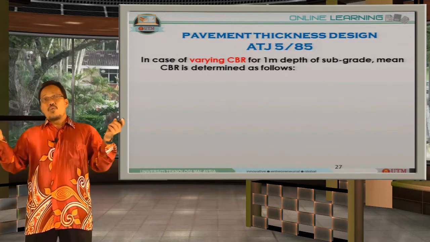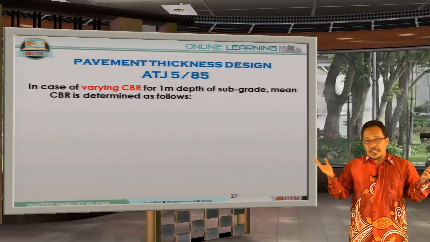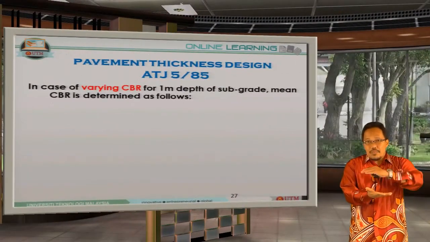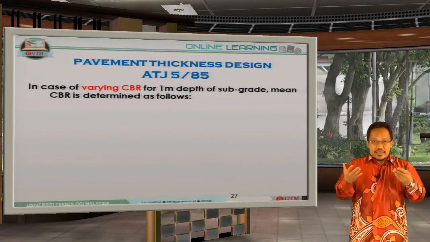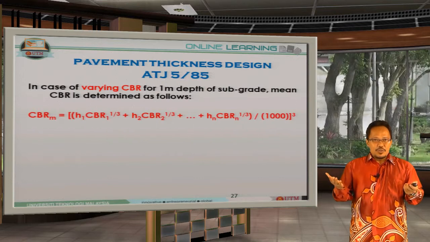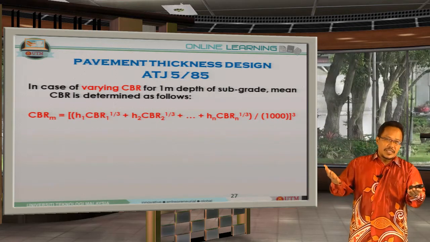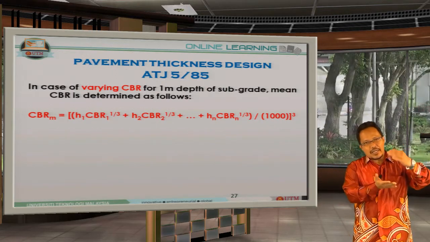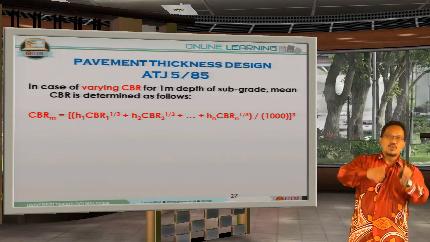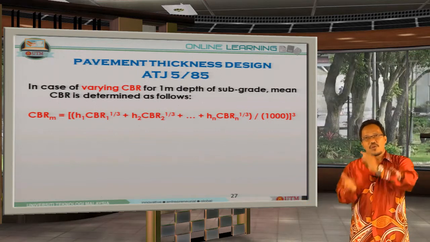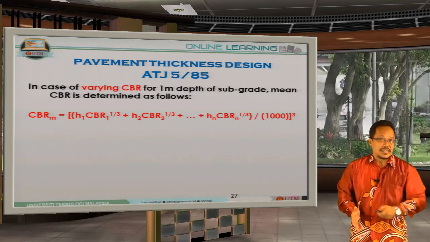What if the CBR is different, even within 1 meter depth of subgrade? Then you have to determine the mean CBR. How to do it? CBR mean is thickness 1 multiplied by CBR1 to the power of 1/3, plus thickness 2, and so on, it doesn't matter how many layers you have for that 1 meter thickness.